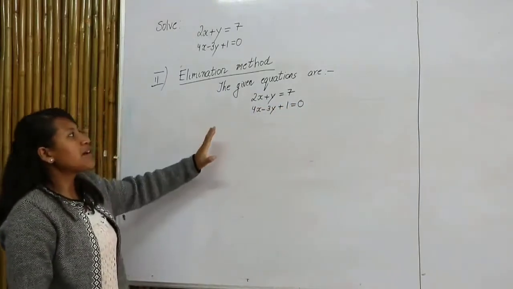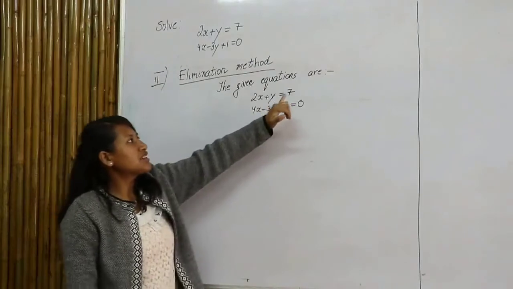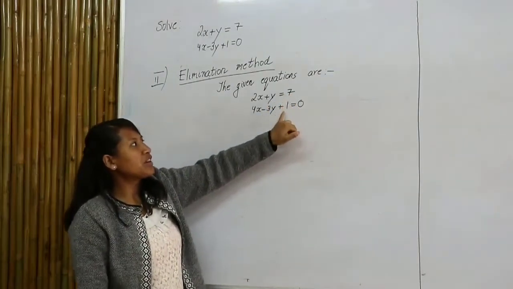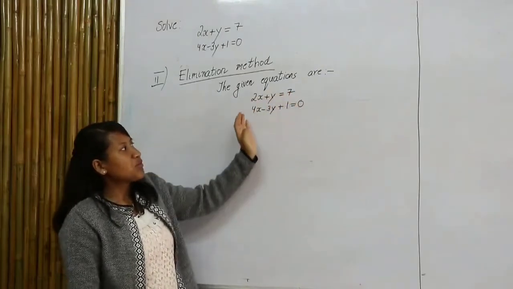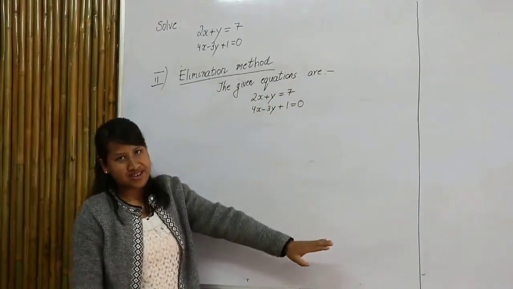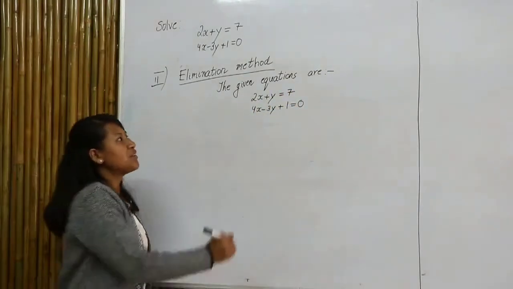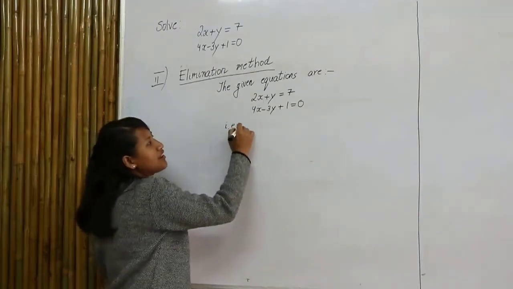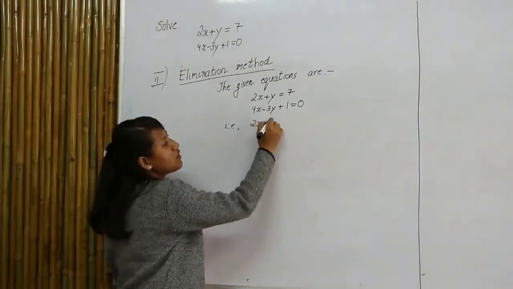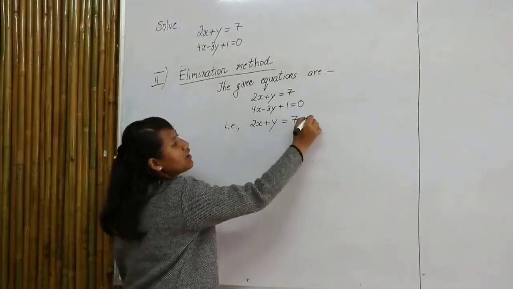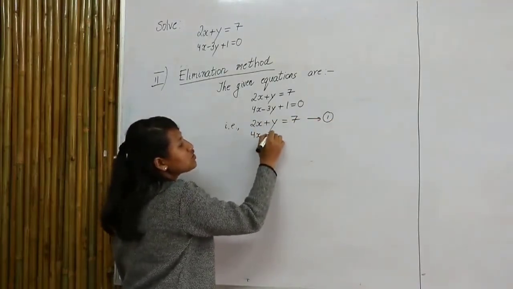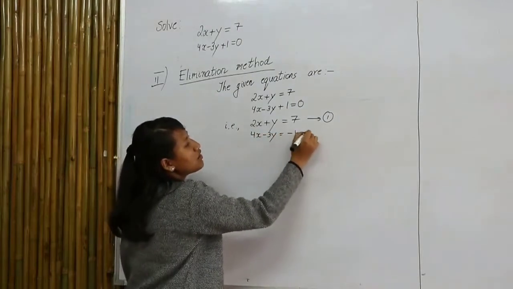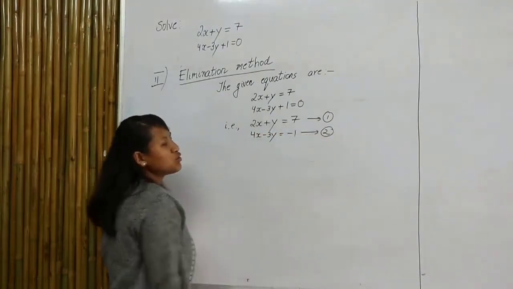In the elimination method, the constant numbers without any variables, make sure that they are on the right hand side. It is a must for the elimination method. So we have 2x plus y equal to 7. You can mark this equation 1. Then 4x minus 3y equal to minus 1. You mark this as equation 2.